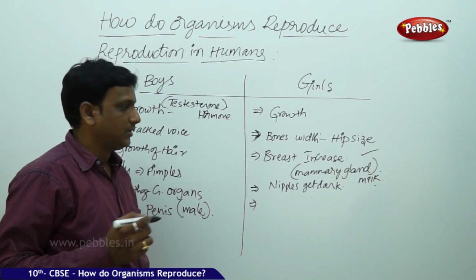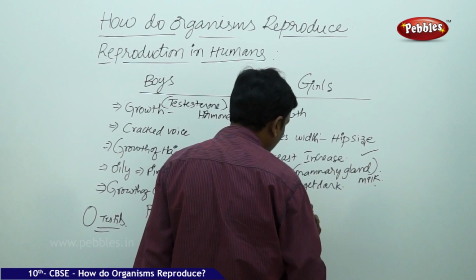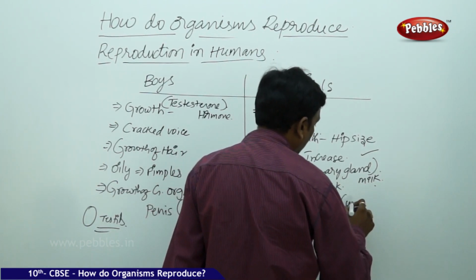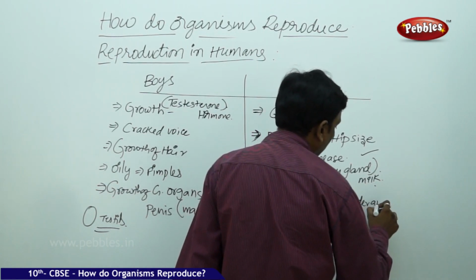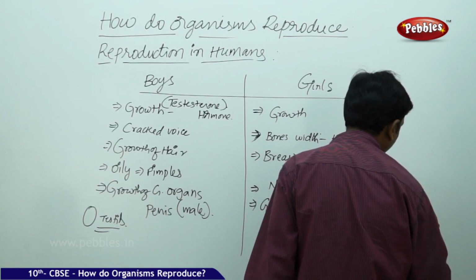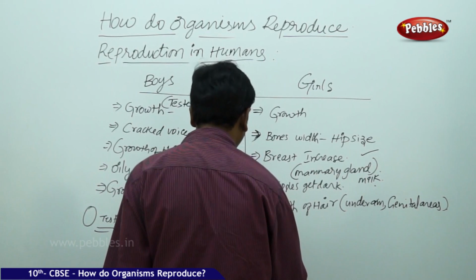So here we see the growth of hairs on the body, not the mustache and beards, growth of hairs in the underarm and in the genital areas. So these are the various changes observed.